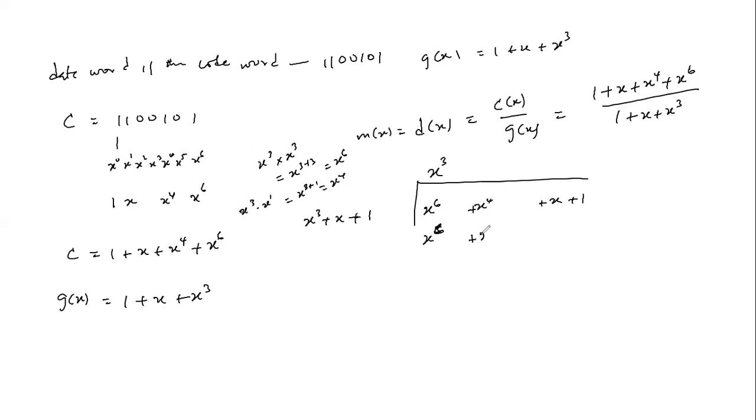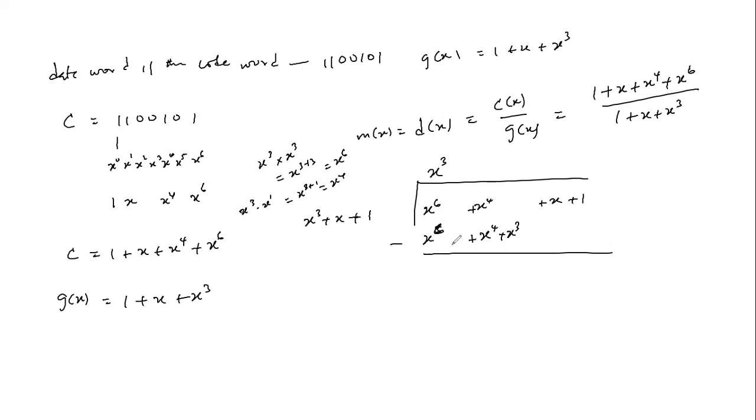So it is plus x to the power of 4. Then x cubed times this, that'll be x cubed, right? So we now have plus x cubed, and that is all.